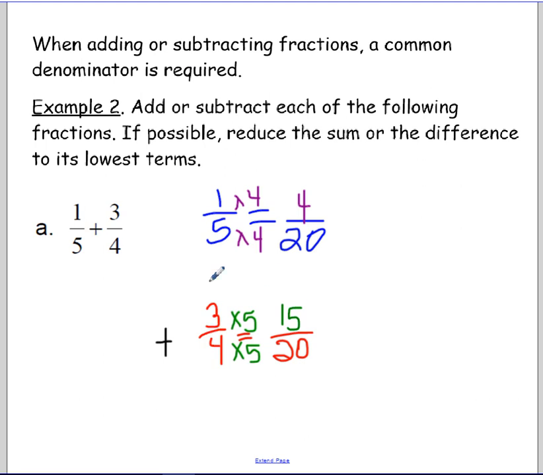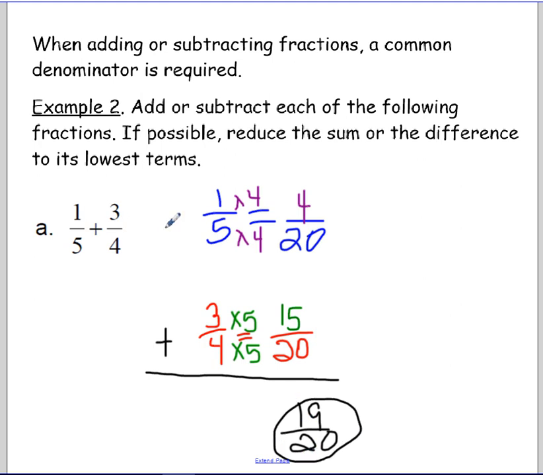And so now we want to combine them together. So we follow our rule of keeping our common denominator, which is now 20, and adding our numerators together, 4 plus 15, and that gives us 19. So 1/5 plus 3/4 gives us 19/20.